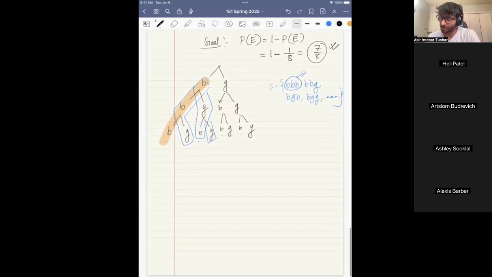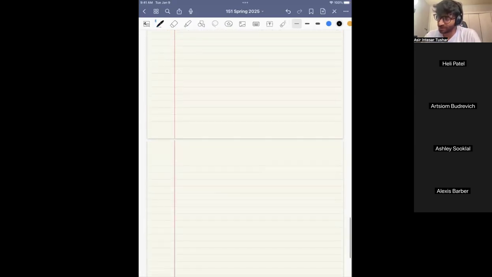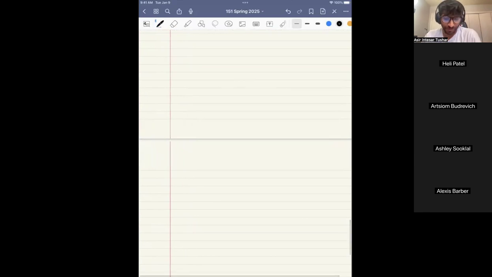Okay. So then property 3. I'm going to write it here. Property 3: probability of E minus F. So E minus F, we can write it like this.